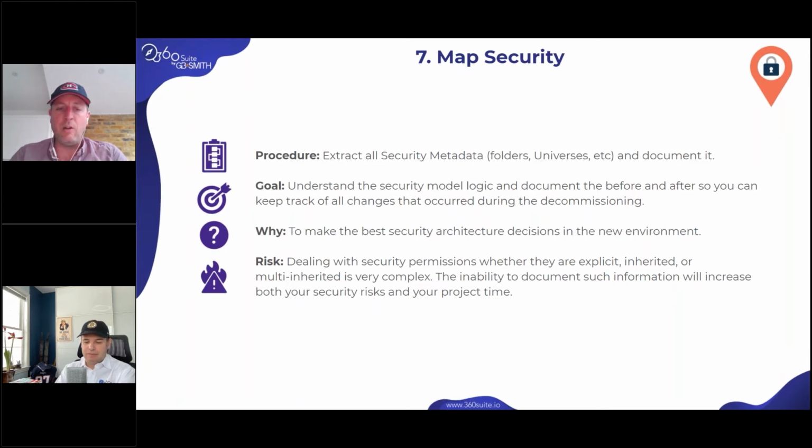And you know how powerful the security model of Business Objects is. It is not the case with these other platforms. So it is likely that you'll have to make some choices, right? In Business Objects, users were maybe allowed to just do this, but not do that. You could be very granular in what you could add or remove.